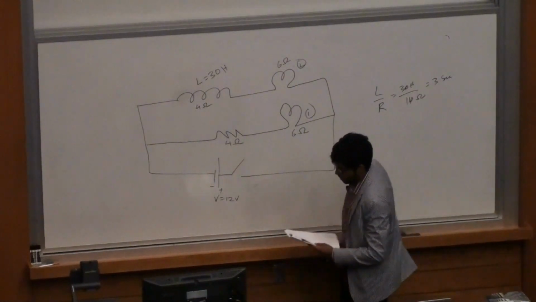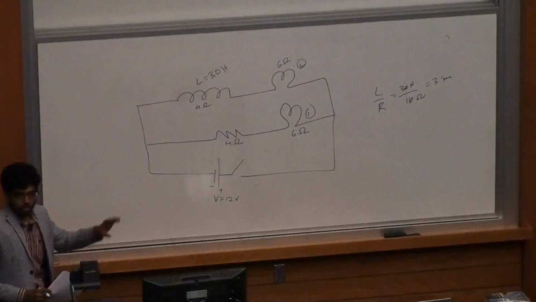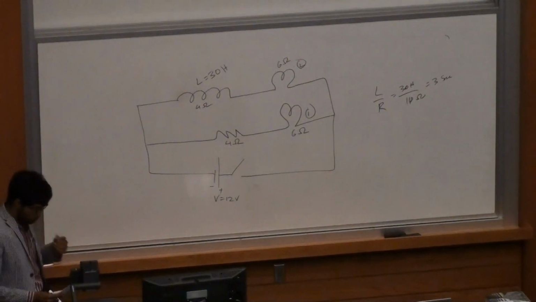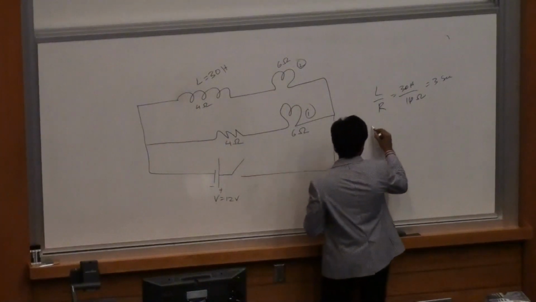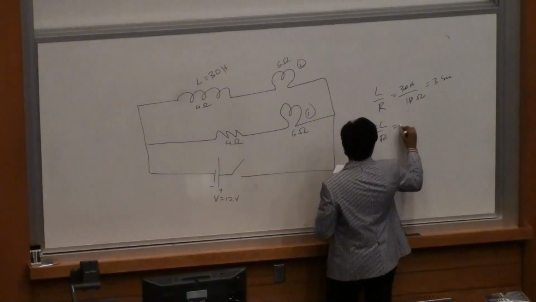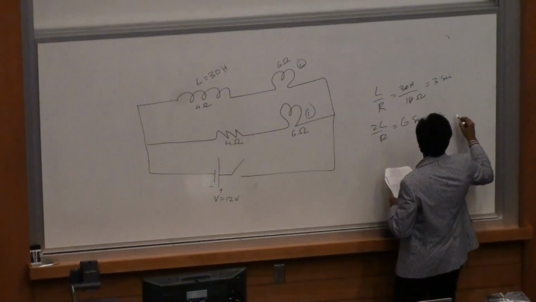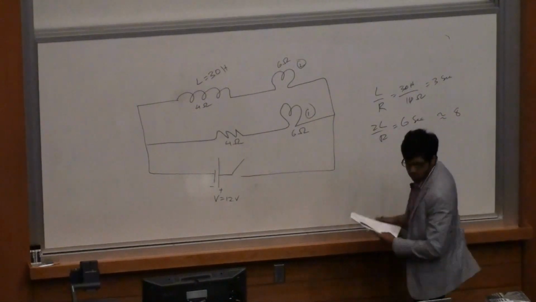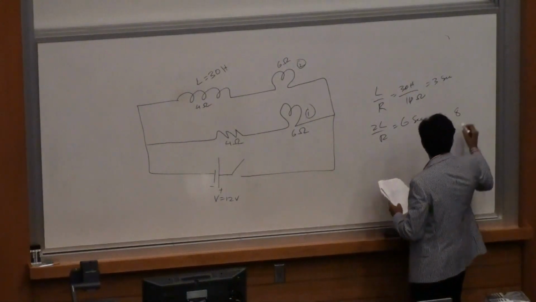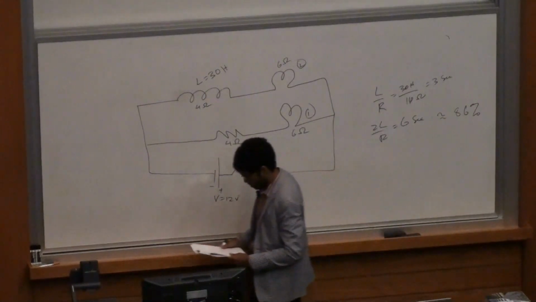So it takes 3 seconds to achieve about 63% brightness on that bulb. And even when you look at twice this, that's 6 seconds, it is still something like 86% of the maximum current.